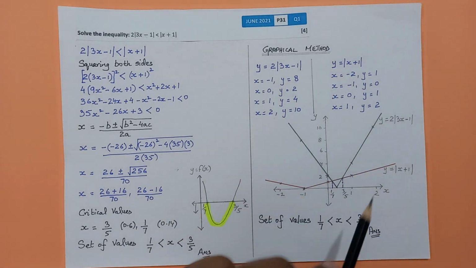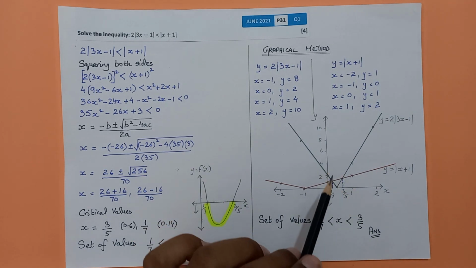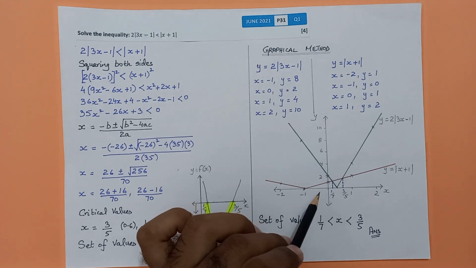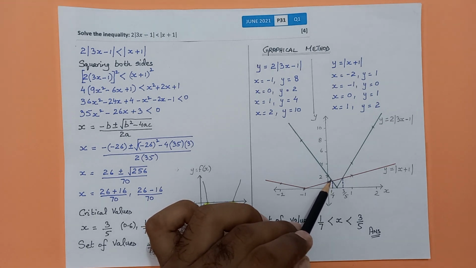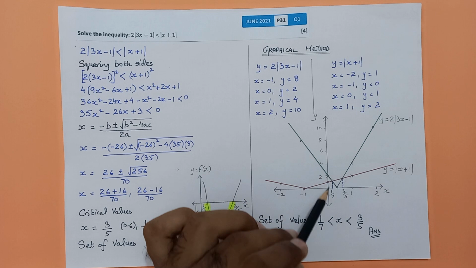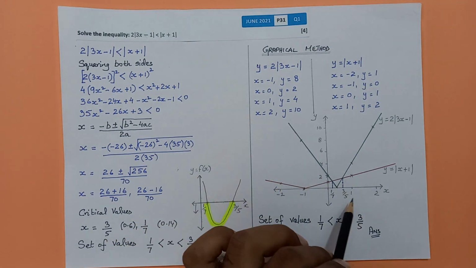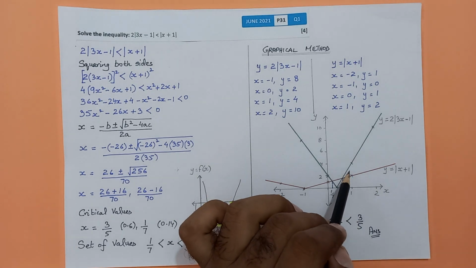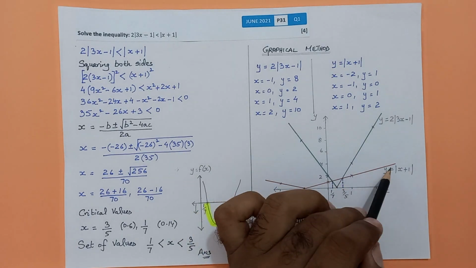After looking at the graph, we can see that if we take any value less than 1/7, the green line is above the red line, and if we take any value greater than 3/5, it is also observed that the green line is above the red line.